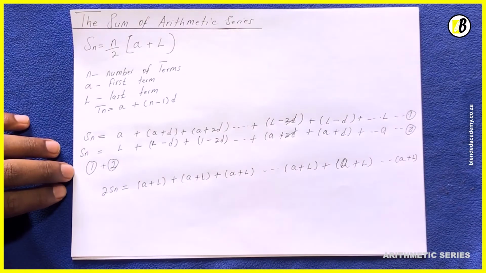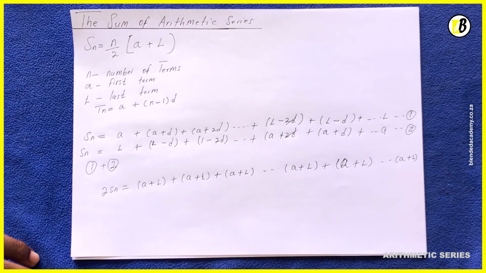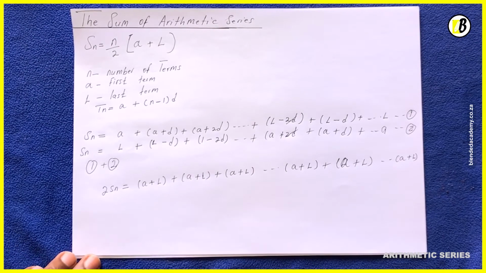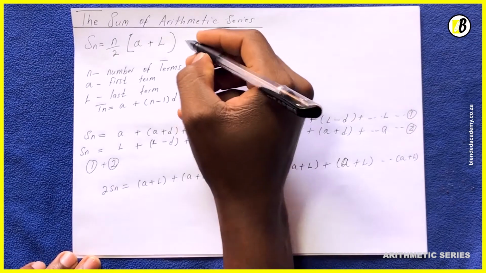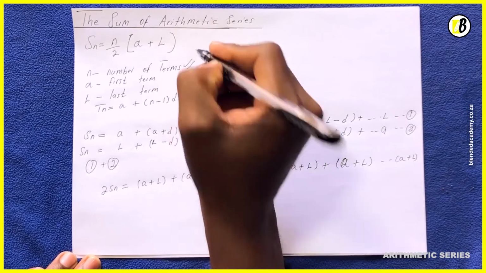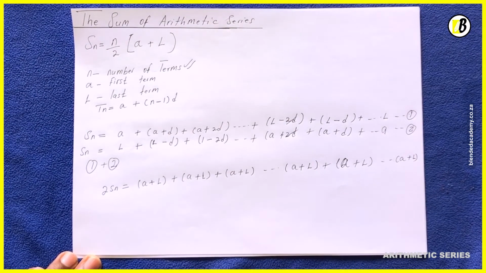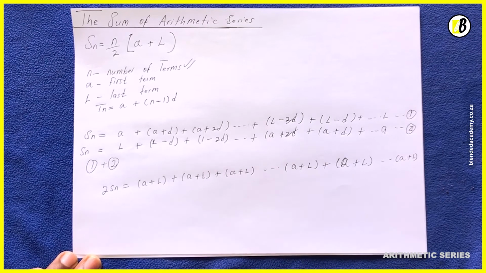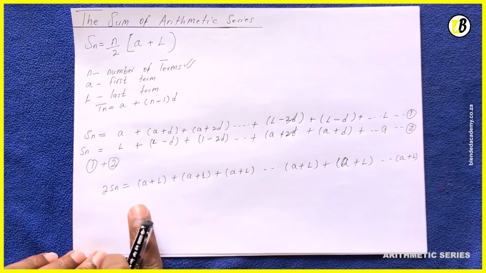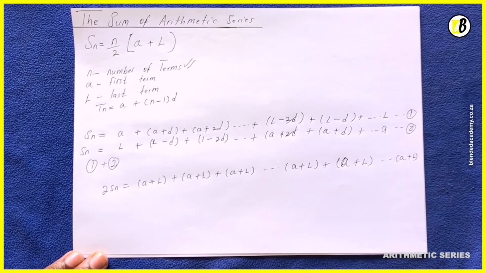Okay, now remember this is for the nth term. If you check here, what does n mean? n represents the number of terms, right? How many terms are we given here? 1, 2, 3, 4, 5. If we were representing this in terms of numbers, we would multiply all these terms by 5, right?